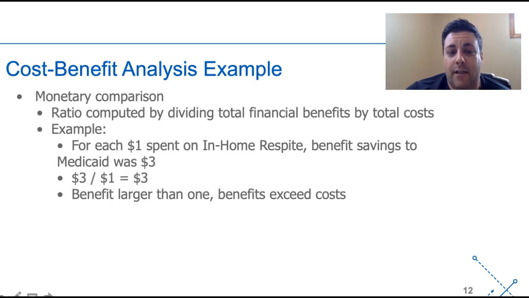What that would mean is that there's only 50 cents in benefit for every dollar spent, and that would mean that costs are in excess of benefits. So we want to see things larger than 1, and oftentimes we want to see things much larger than 1, so that there's a significant return on the investment.